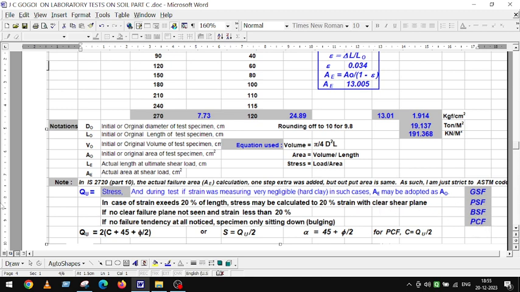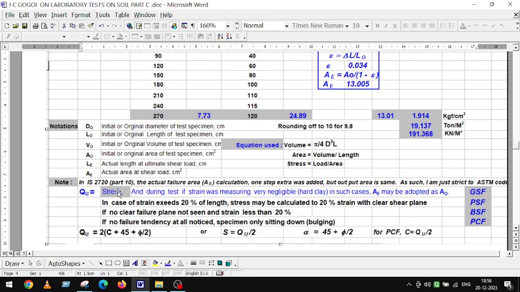So from this test we can get Q equal to 2C tan(45 plus phi by 2). This is one bracket here. Here also one bracket. Or shear strength equals half of the compressive strength Q.